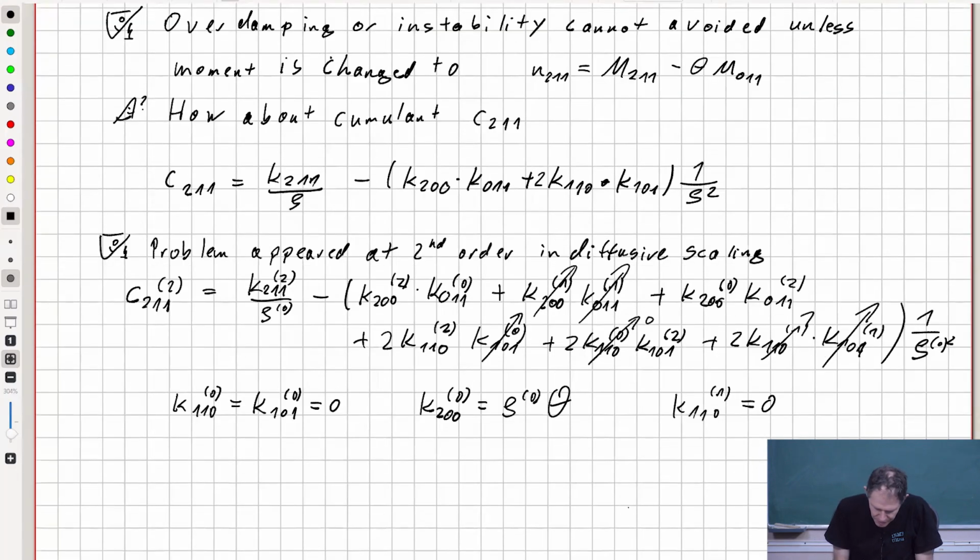Meaning that this cumulant, C211 to second order, is K211 to second order divided by rho 0, which is a constant, minus theta K011 to second order over rho 0.